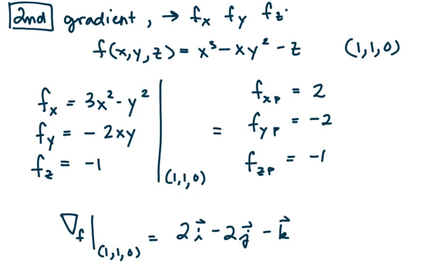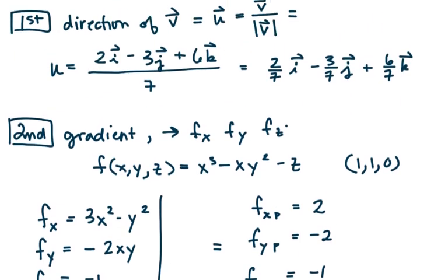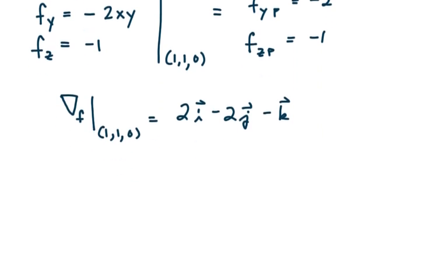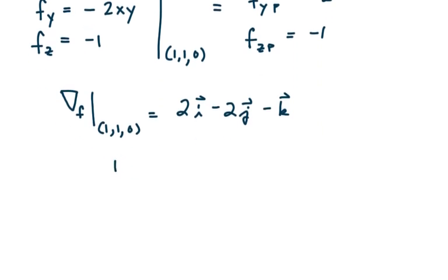Therefore, the directional derivative is this gradient dotted with my unit vector. So I'm going to rewrite my unit vector down here. u was 2/7 i minus 3/7 j plus 6/7 k.